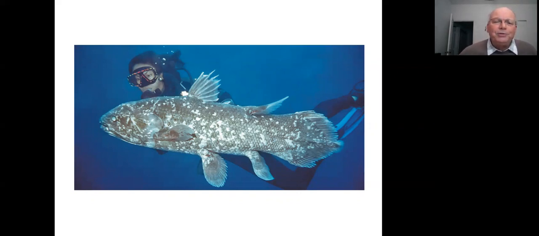They were subsequently found living in deep trenches off the east coast of Africa around Madagascar and the Comoros Islands. That was the first species of coelacanths. The second species of coelacanths was found living again in deep water trenches off the coast of some of the northern islands of the Indonesian archipelago.